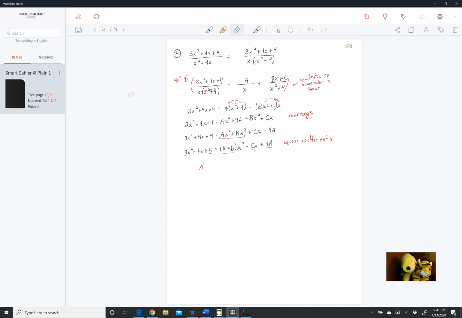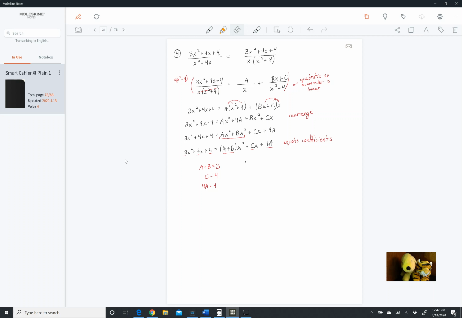The coefficient of x squared is the same on the left and the right. The coefficient of x is the same on the left and the right. So notice we already have c. The constant is the same on the left and the right. This isn't even a system. We can use this to solve.